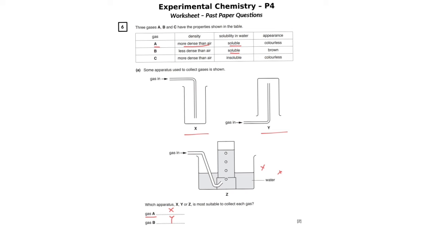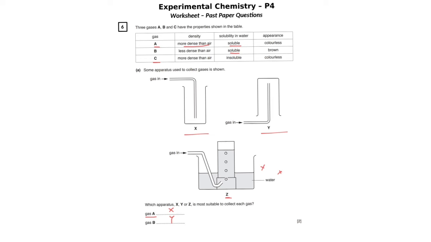And if we look at gas C here, obviously the apparatus Z would be used to collect gas C. You cannot use Y to collect gas C because gas C is more dense than air, and this is upward delivery. This is used for gases which are lighter than air. And you cannot use the apparatus X to collect gas C, even though gas C is more dense than air, so you can collect it by downward delivery.